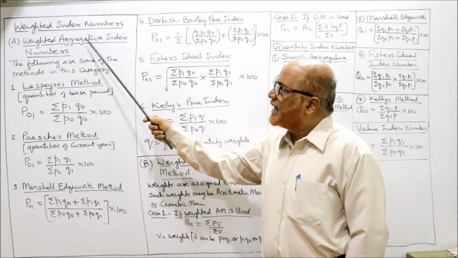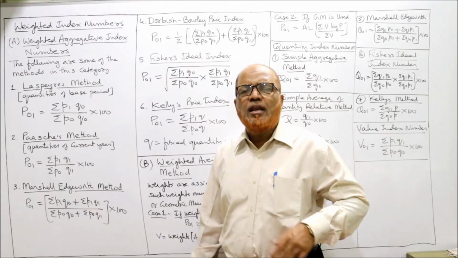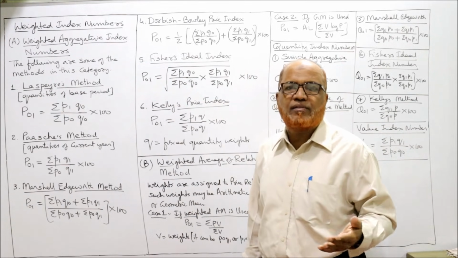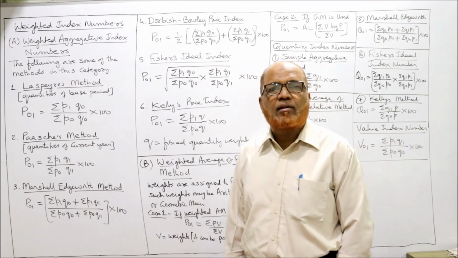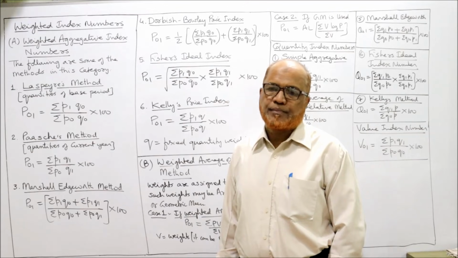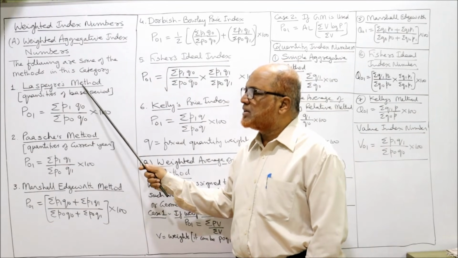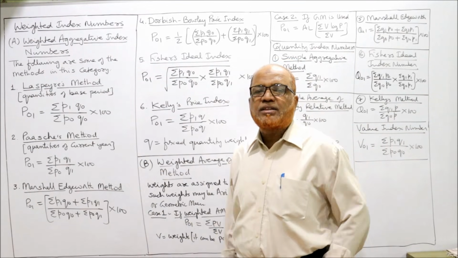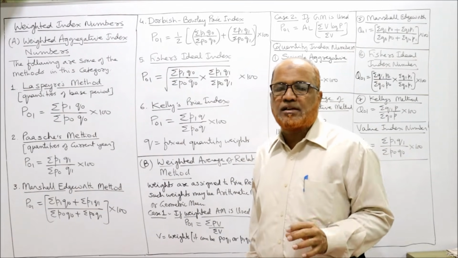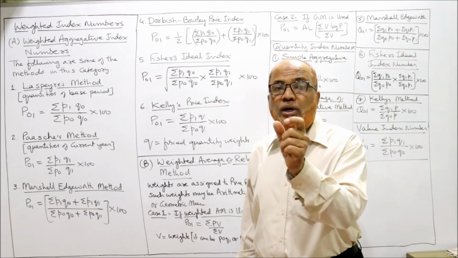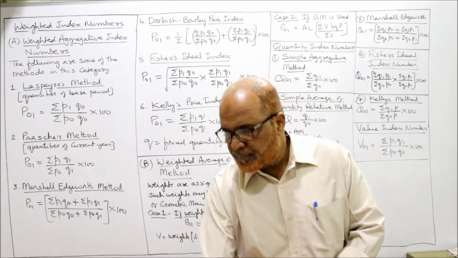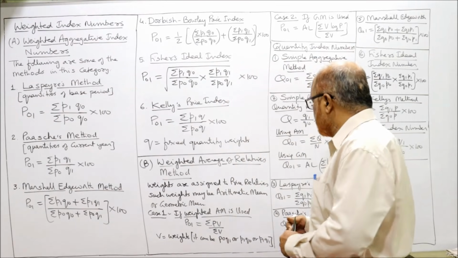अब ये weighted aggregative index numbers में a number of formulas are there. Different authors, experts have given different formulas for calculating weighted aggregative index number. Right? The first one is Laspeyres' method. This Laspeyres' method has given the weight to the quantity of base year. Concentrate now. To the quantity of base year. So we will give 4 symbols.